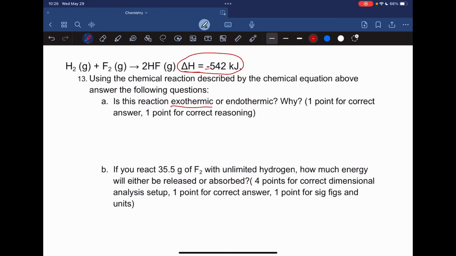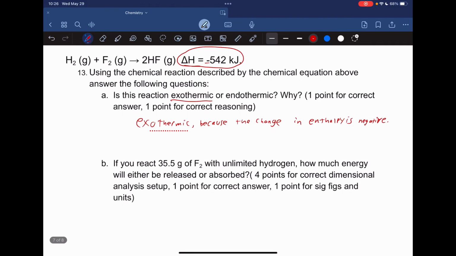So it's exothermic, and technically the only justification we need is that the change in enthalpy is negative.